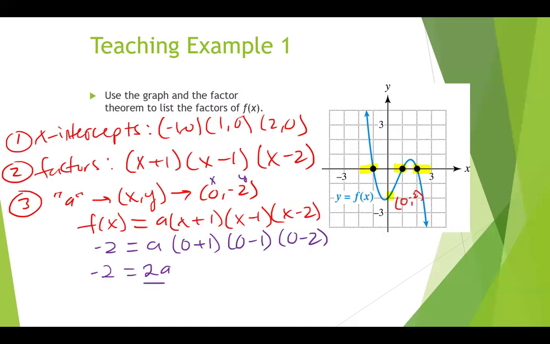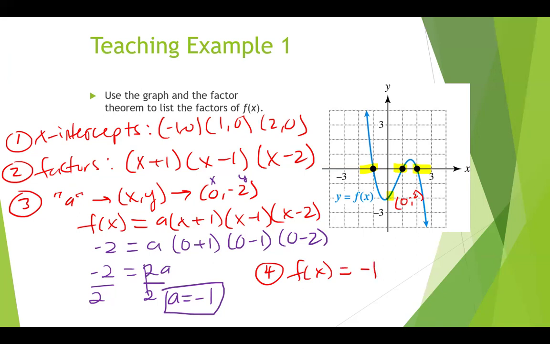So therefore, our A equals -1, because -2 divided by 2 is -1. So now we can put it all together. So our function would be f of x equals, what's our A? And what are our factors? -1 times x plus 1, x minus 1, x minus 2.